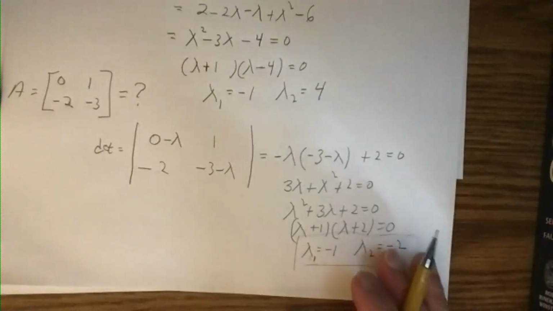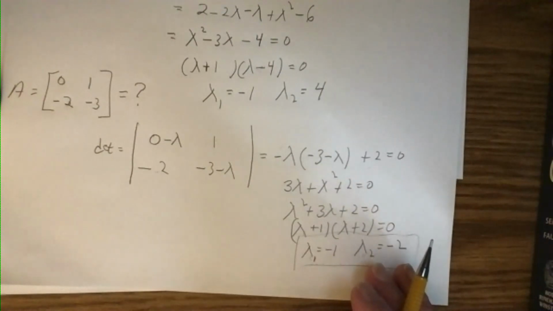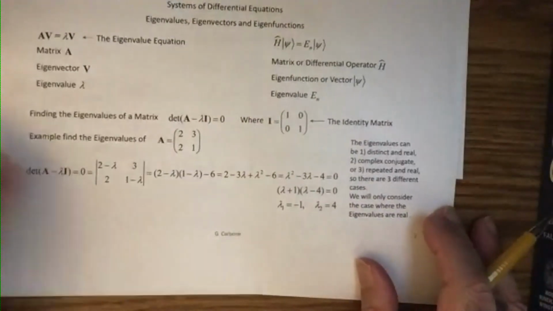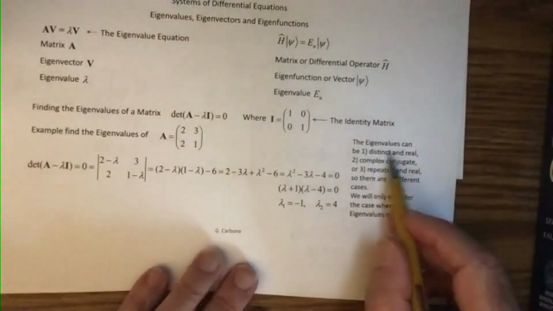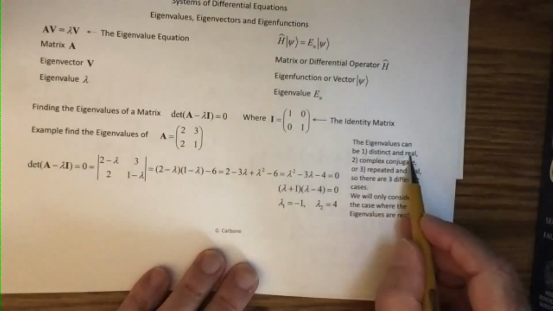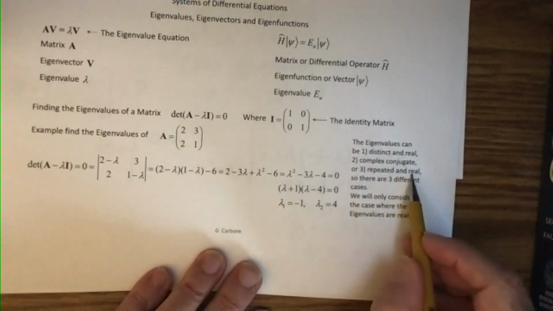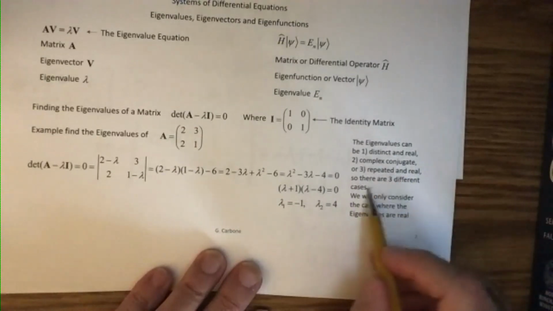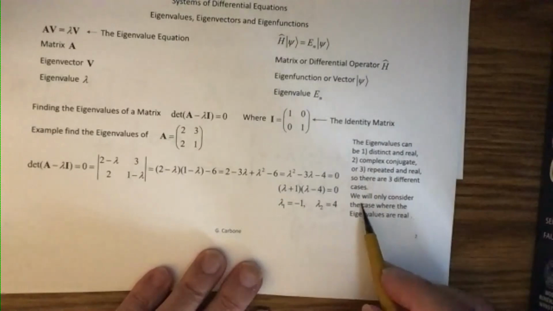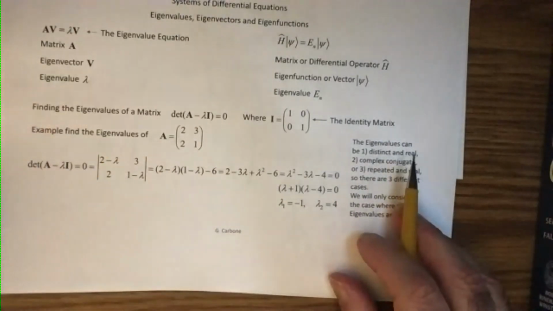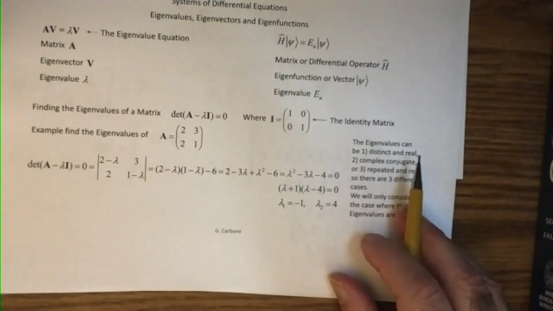Now, in this class, we're only responsible for the real case. So this is what's in my notes. The eigenvalues can be distinct and real, they can be complex conjugates, and they can be repeated and real. So there are three different cases, right? We'll only consider the case where the eigenvalues are real. And it's easy to go to the next step, but we're not required to do that.